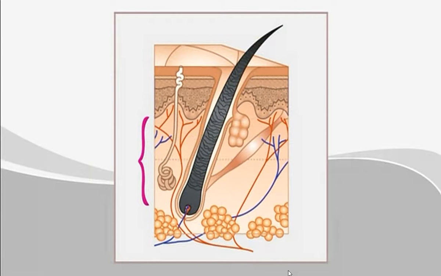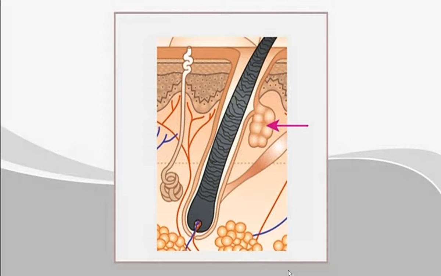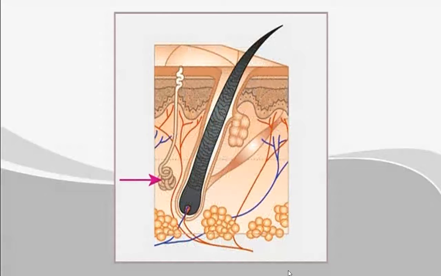The lower or dermis layer of skin is made up of connective tissues. Also found in the dermis are the sudoriferous or sweat glands. These control and regulate body temperatures, excrete waste products, and help maintain the acidic pH factor of the skin. The dermis layer also contains the sebaceous or oil glands.